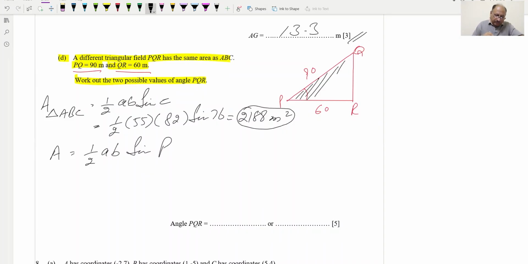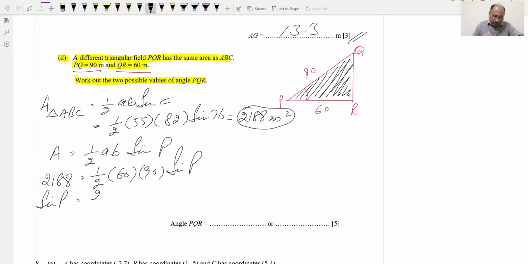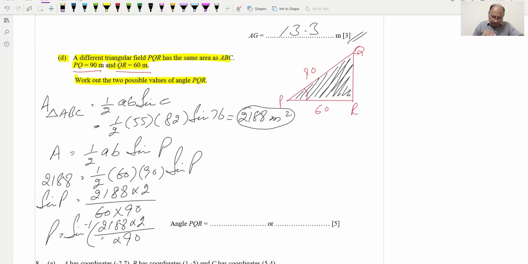So 2188 is equal to 1 by 2, one side is 60, the other side is 90, and sine of P. So sine of P will be equal to 2188 into 2 divided by 60 into 90, and P will be equal to sine inverse of 2188 into 2 divided by 60 into 90.